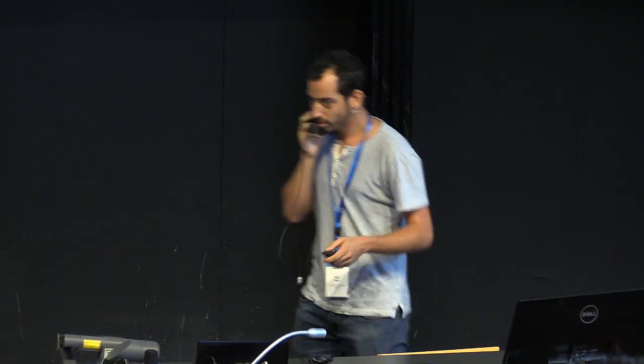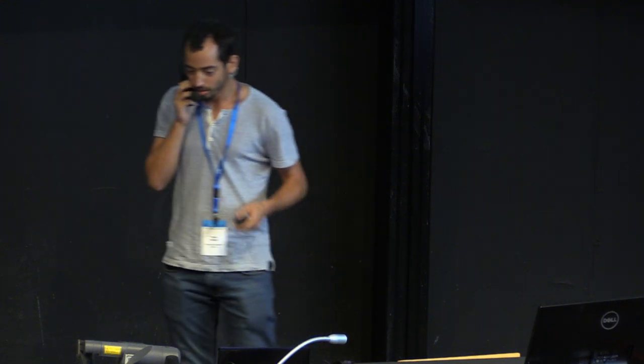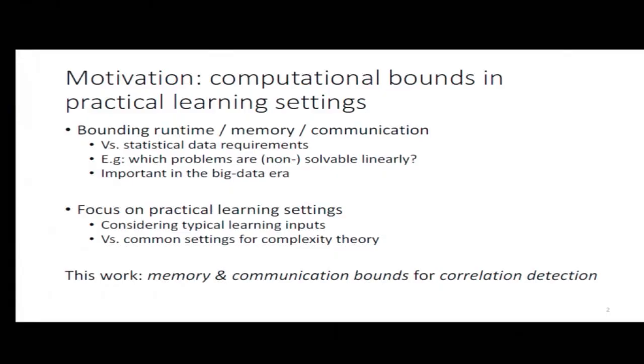Okay, so let's start with some motivation. We believe that it's important to consider computational bounds on practical machine learning settings, as bounds for runtime, memory, and communication, as opposed to the most common bounds, the statistical bounds on data requirements.